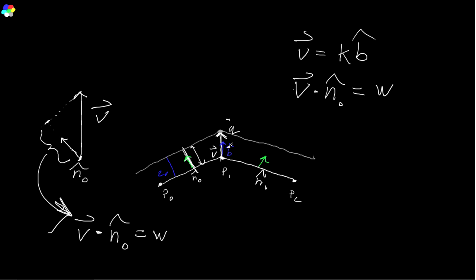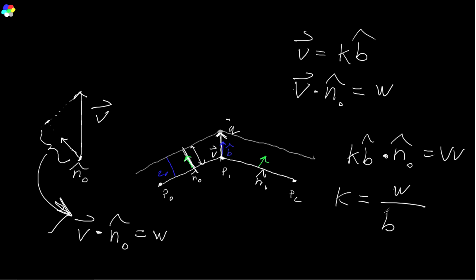So what we want is to find k as a function of w, the width. We can substitute this into here, and we get k times b hat dot n sub 0 hat is equal to w. And then all we have to do is k is equal to w divided by b hat dot n sub 0 hat. And there you go.